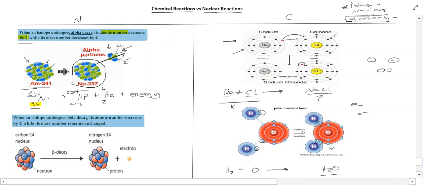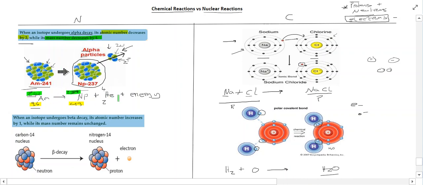We can see it's gone from 95 to 93, while its mass number decreases by 4. The number at the top represents the mass number, and we can see it's gone from 241 to 237, so it's reduced by 4.